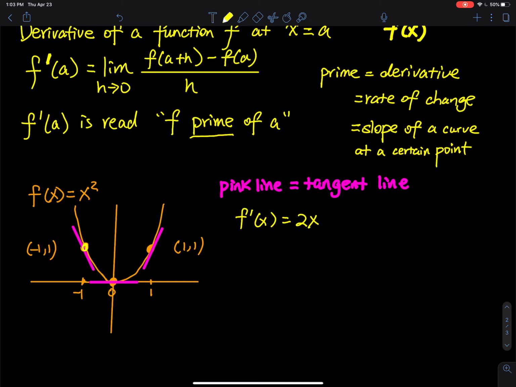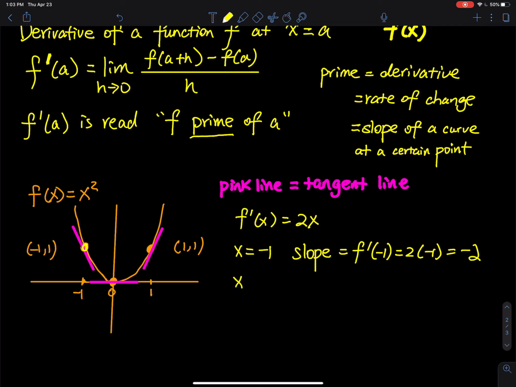So first, you find the derivative. Don't worry about how I got it, just take it from me. f prime of x is equal to 2x. And then when x is equal to -1, what is the slope of the parabola? The slope is f prime of -1, so you have 2 times -1, that equals -2.